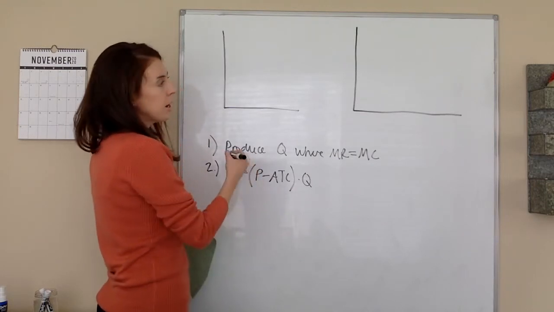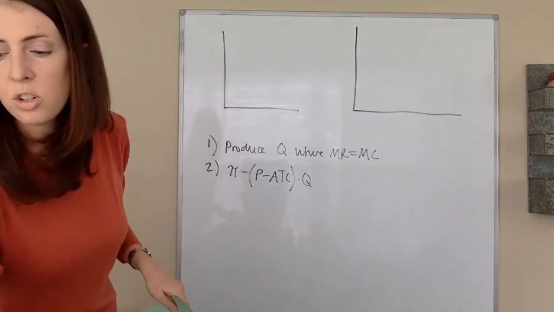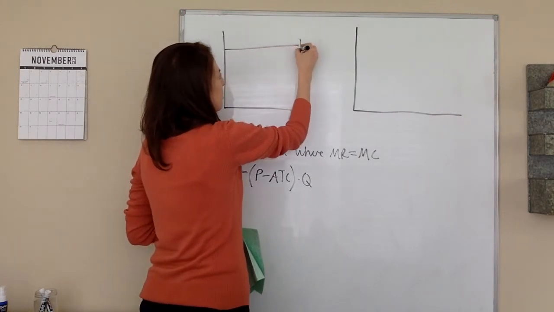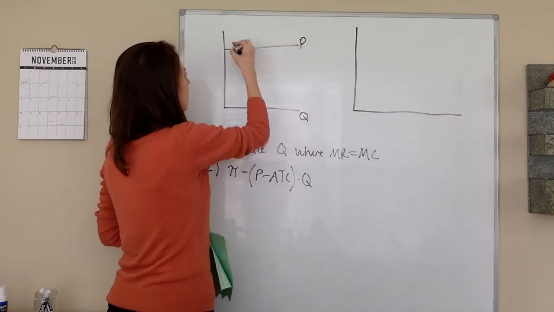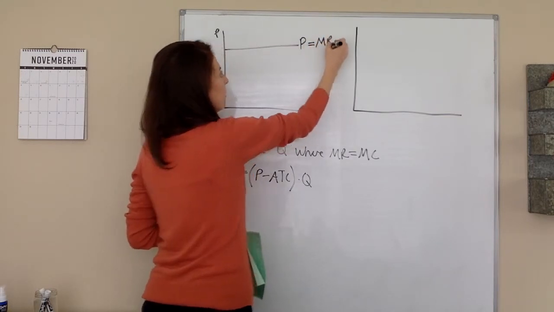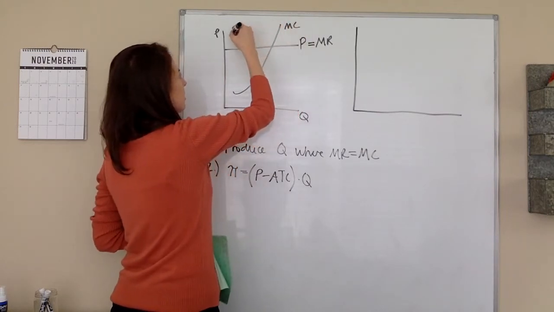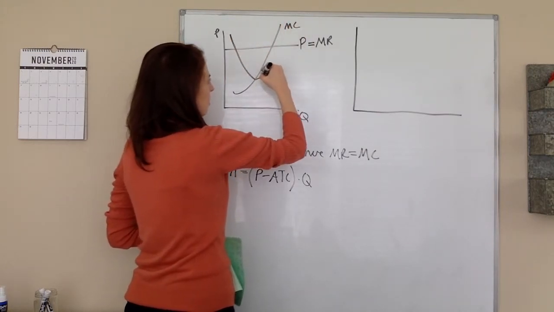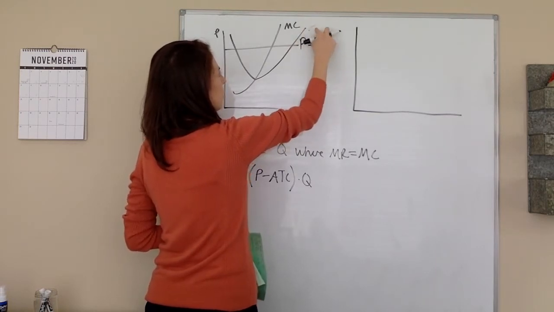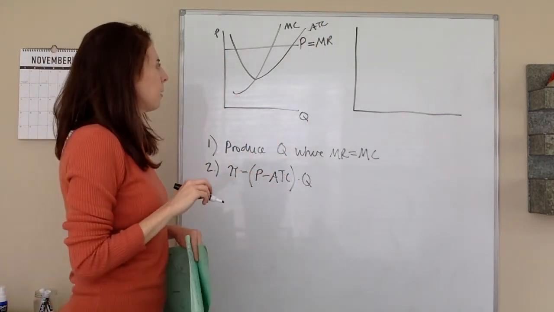So we had a couple different cases we looked at. Case one is, let's just suppose this was the price everyone in the market took. And price in perfectly competitive markets is always equal to marginal revenue. If we've got an upward sloping marginal cost curve and a U-shaped average total cost curve where the bottom of the U intersects with the marginal cost curve, we've got ourselves this kind of situation.